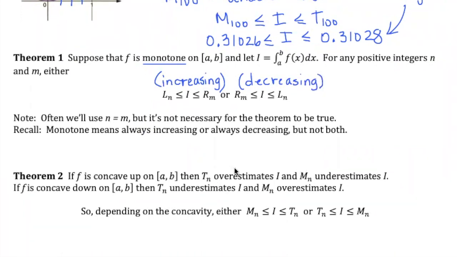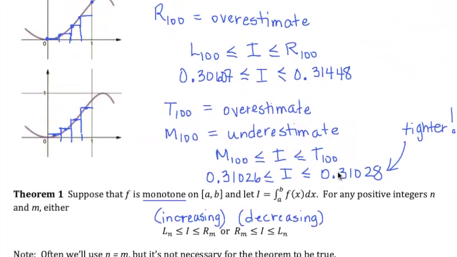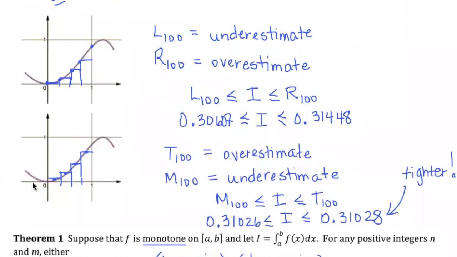The midpoint and the trapezoid sum have to do with the concavity of the curve. If your function is concave up, then your trapezoid will always be an overestimate, and your midpoint will be an underestimate. And again, that's what we saw with this example. Hopefully you remember concave up are things shaped like this, where the cup is opening up.